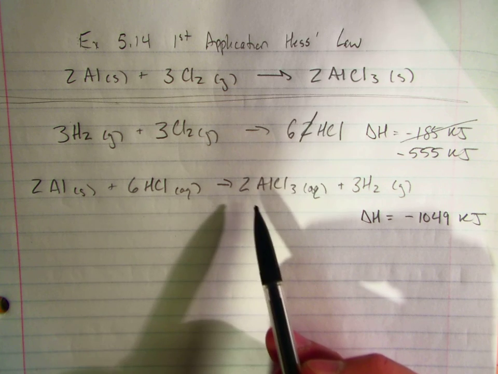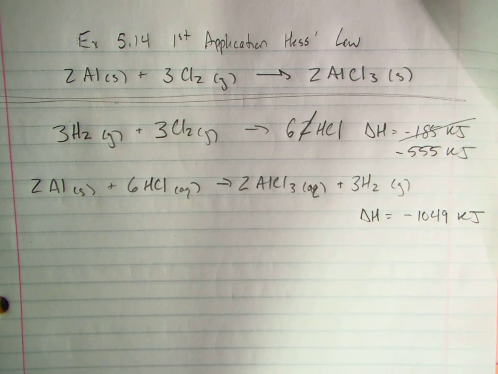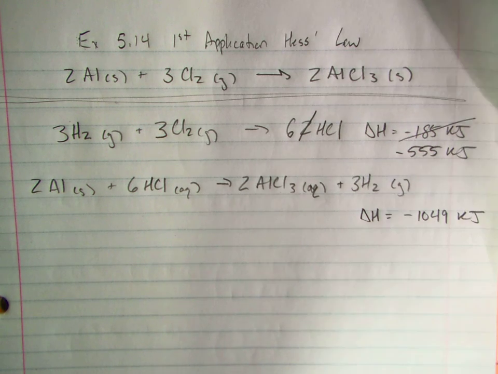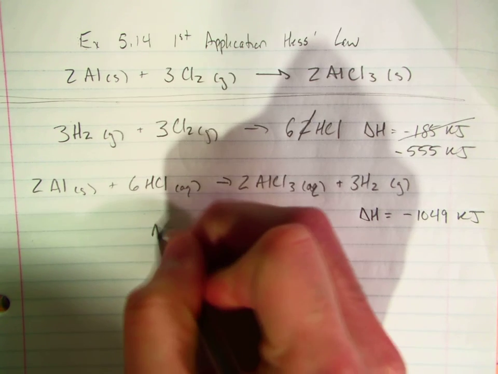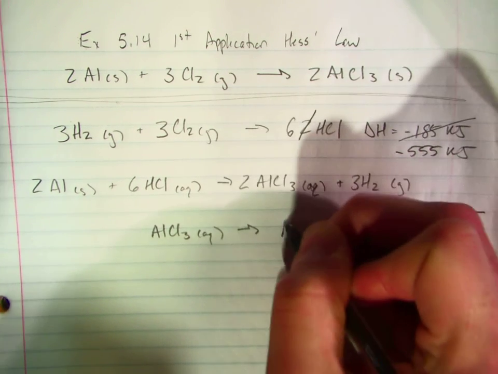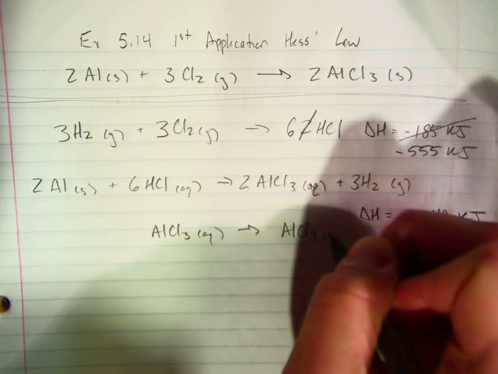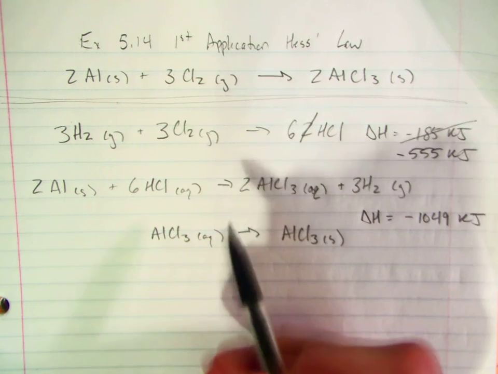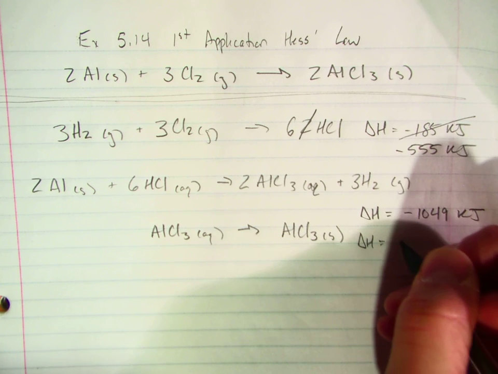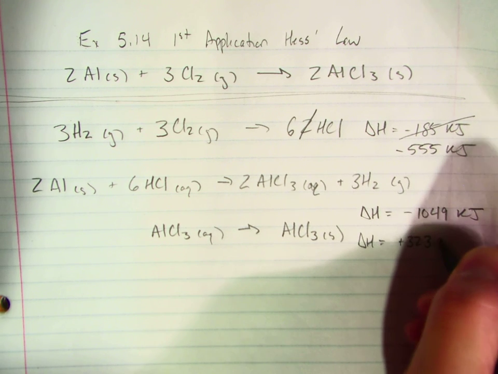So I'm going to take advantage of the third reaction that's provided in the information table, which is taking aqueous aluminum chloride to form solid aluminum chloride. And that delta H is equal to positive 323 kilojoules.